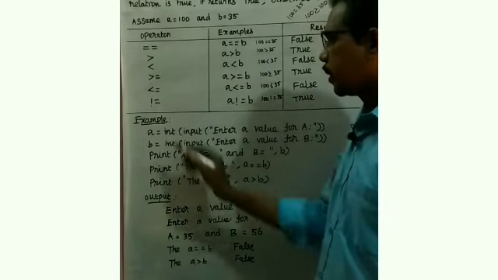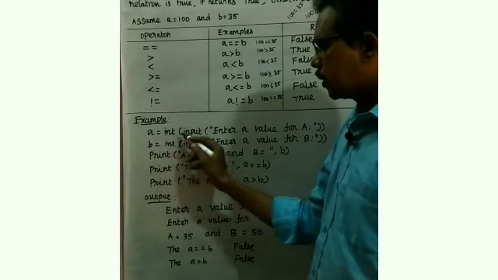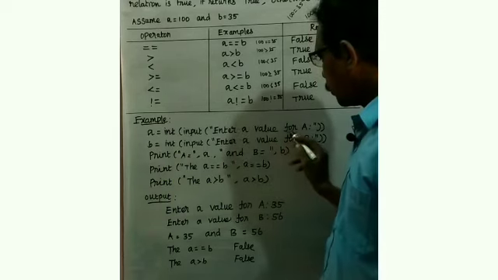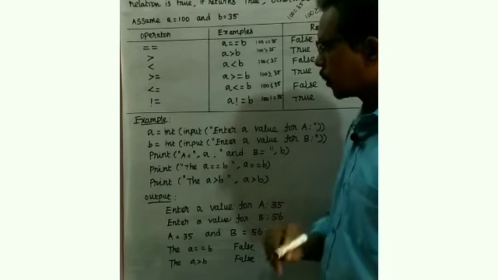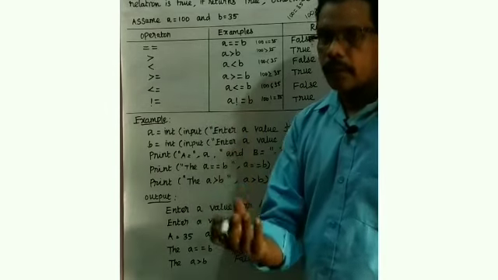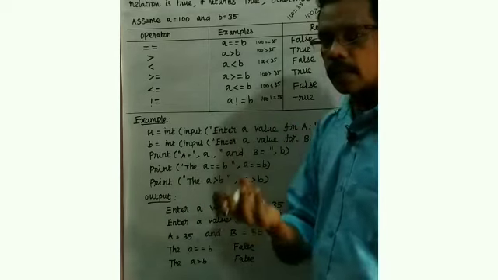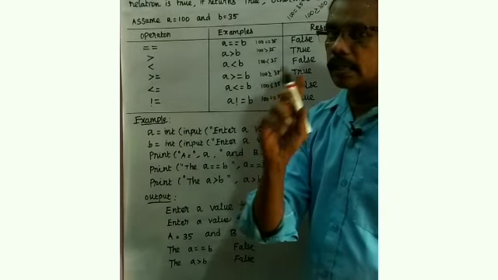Next, an example program of the relational operators. a = int(input("Enter a value for a")). Already I told you, input accepts only characters and strings. String means a collection of characters, and a character means a single letter.